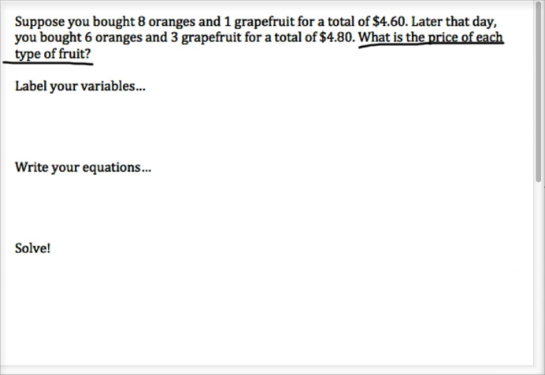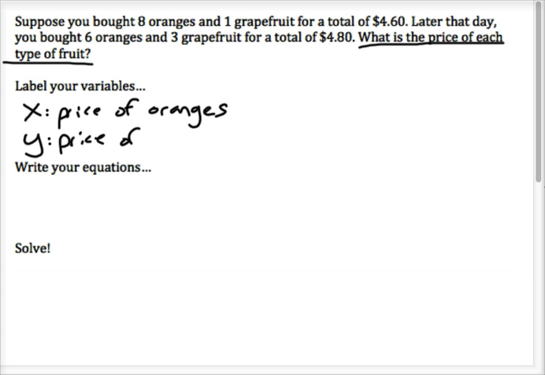So we're looking for prices here, prices of oranges and prices for grapefruit. So I'm going to let X be the price of the oranges. I'm going to let Y be the price of the grapefruit.